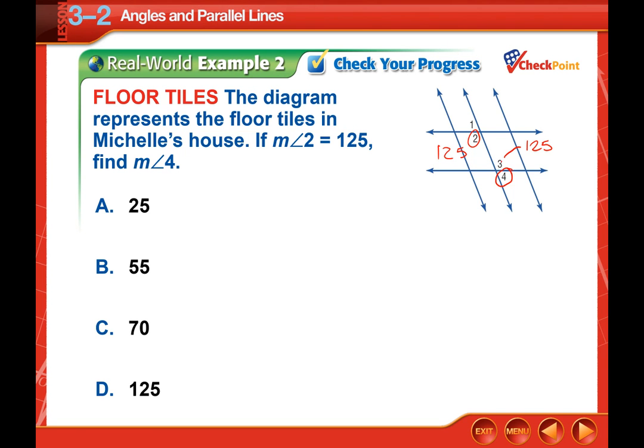Now you can see that 3 and 4 make up a linear pair. They're supplementary. They are consecutive interior angles as well. So they are going to add up to 180. So angle 4 is 180 minus 125, which is equal to 55.